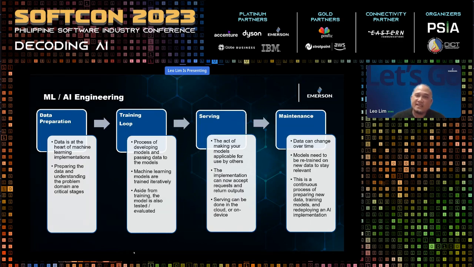The next step then is what is referred to as serving. And what does serving mean? Serving means, if you have a model now, what do you do with your model? You deploy it. Just like in applications, after you develop your software, maybe your web application, then you deploy it via a web server, right? So now it becomes something that's usable by other users, not just by you. So in this case, serving may mean putting it in a cloud infrastructure.